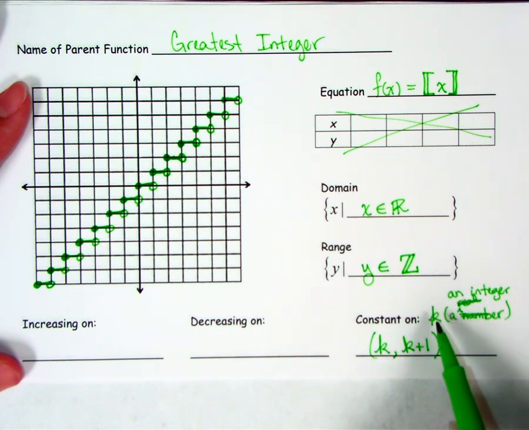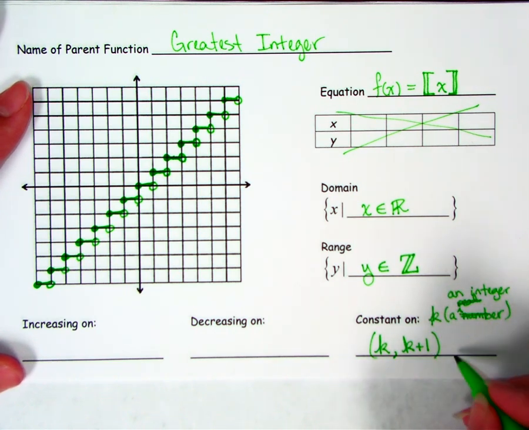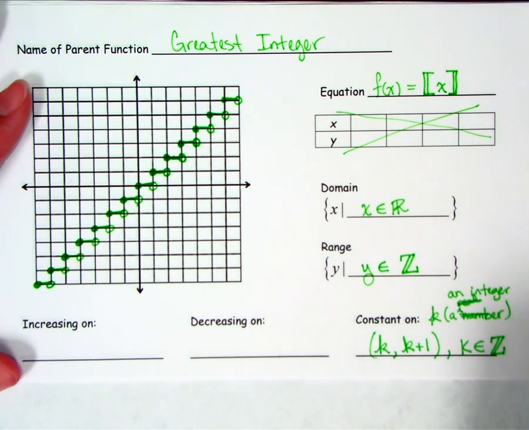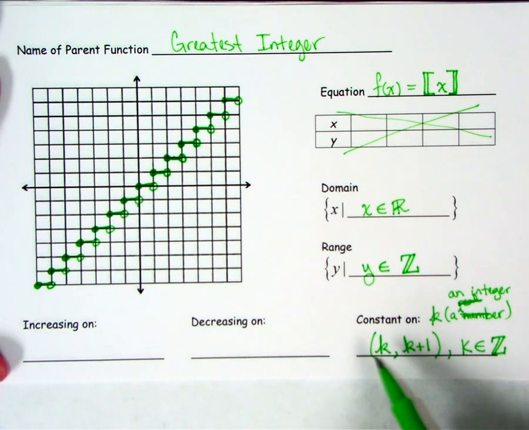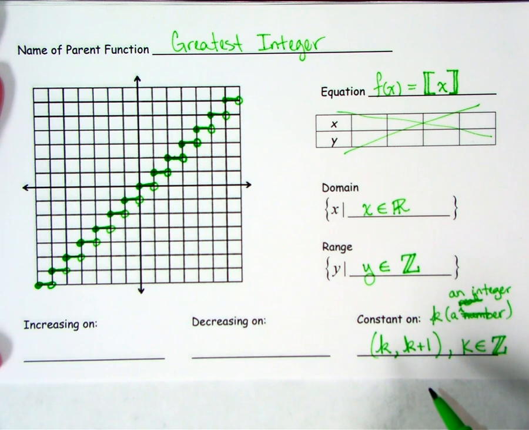If I want to indicate that k has to be an integer, then I would say for k belongs to the set of integers. Now this would encompass the entire domain, so that means this function is never increasing and it's never decreasing. It is always constant.